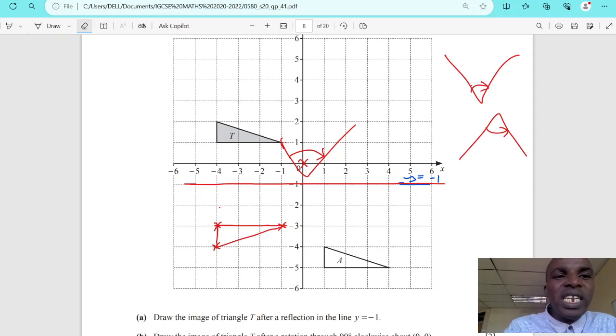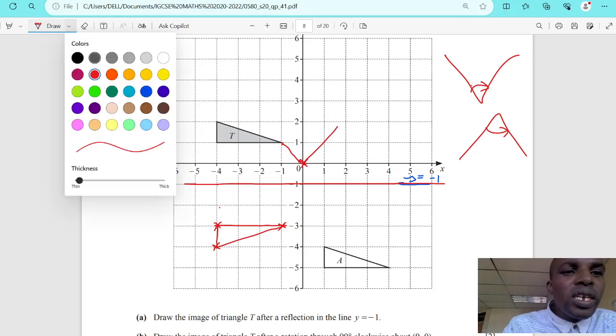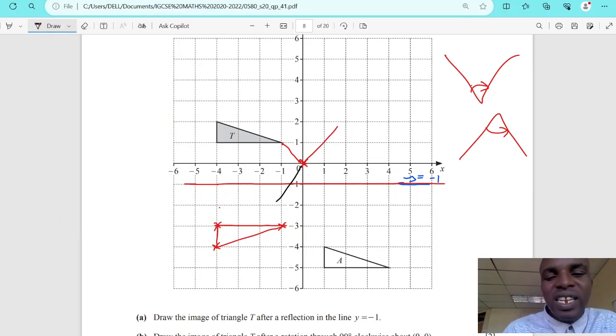But you have to link with the center of rotation. Now, let me delete. So you link with the center of rotation. So with the center, you link like this. Either this point can go up or can go down like this.